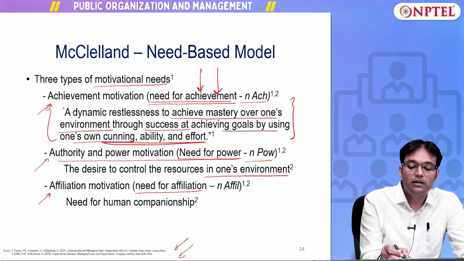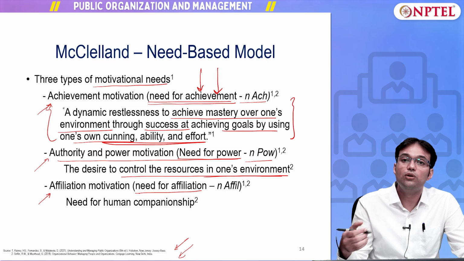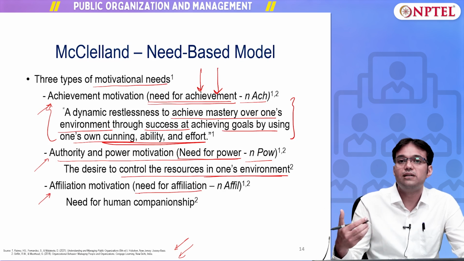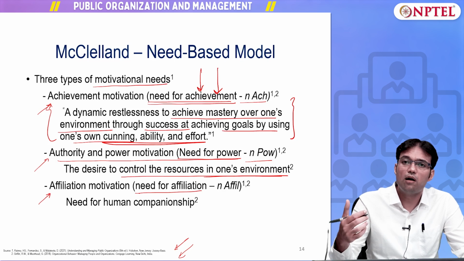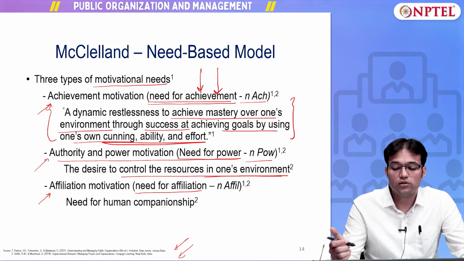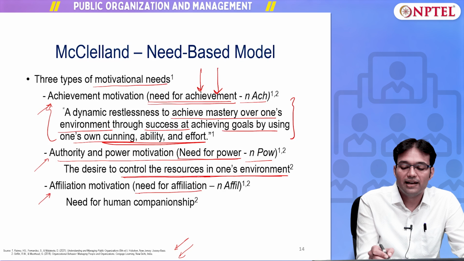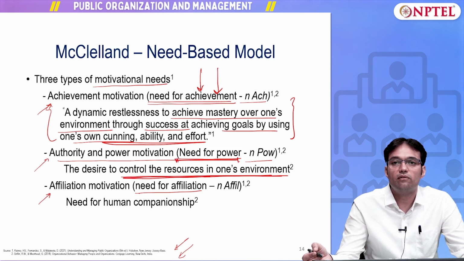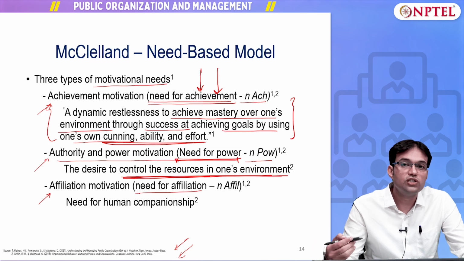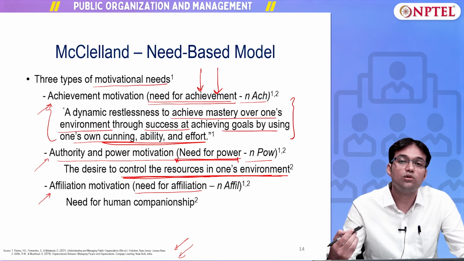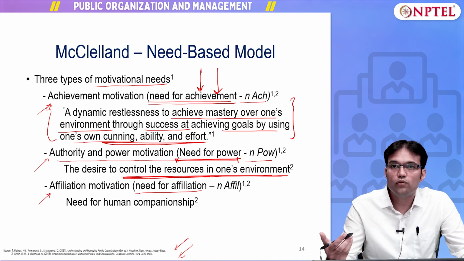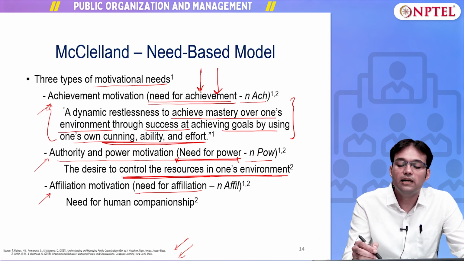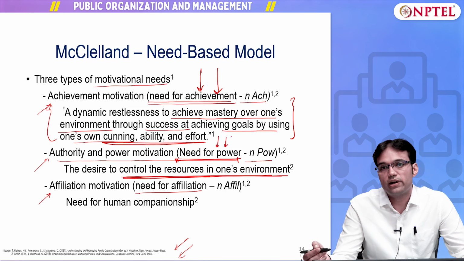But I'm talking about the need for higher control, like assuming responsibility, getting into the kind of projects which will give them more control and more power to do the work. Ultimately, this resource control in one's environment is going to satisfy their need for power, right? Maybe giving them more positions, control over financial resources, control over information, control over people, control over projects. So find out the ways in which we will try to satisfy the needs of these people in the organizations, right?